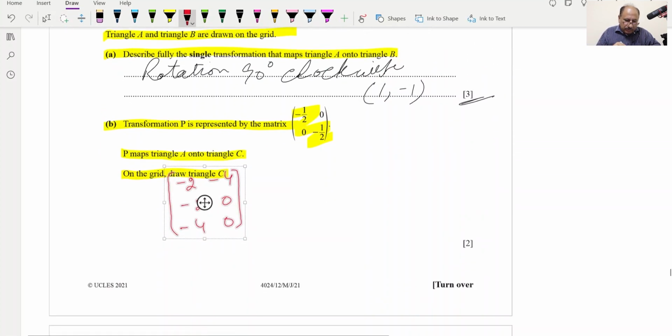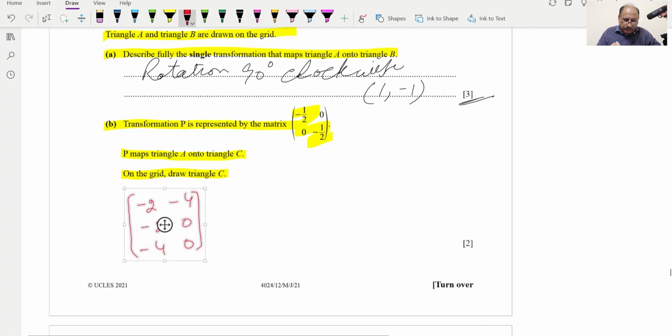So we will be using this matrix, and we can multiply it with the given matrix, and the given matrix is -1 by 2, 0, and 0, -1 by 2, and we will multiply it. How will we multiply?